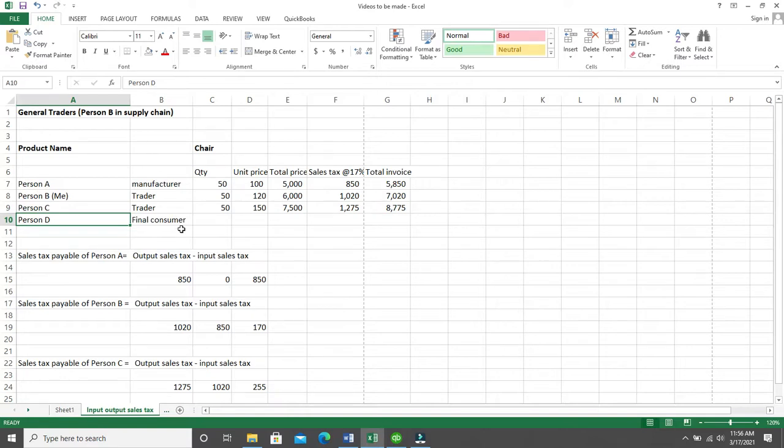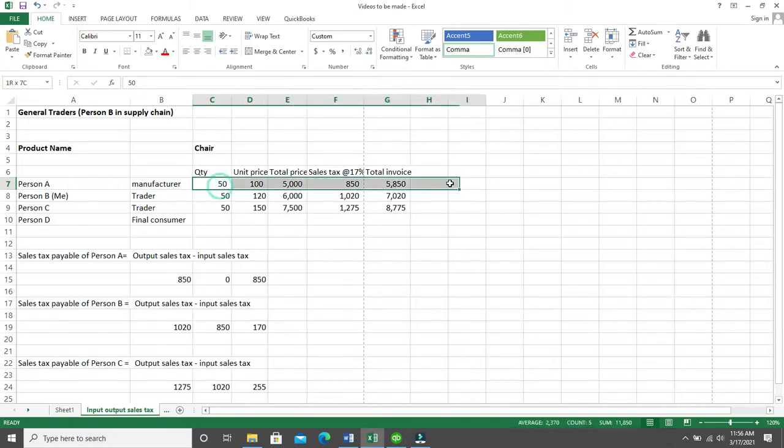Now check out these calculations. Person A is the manufacturer. He has manufactured 50 quantity of chairs, and now he is selling these 50 chairs to me. This is his sales tax invoice. The quantity is 50. The unit price which he has set is 100, and his total bill is 5,000 excluding sales tax.